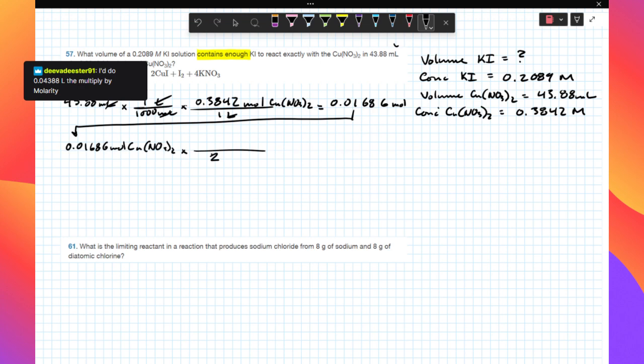that for every 2 moles of copper nitrate, looking at our balanced equation, we need 4 moles of potassium iodide. We're also given a concentration. We can go ahead and plug that in, save ourselves a step.